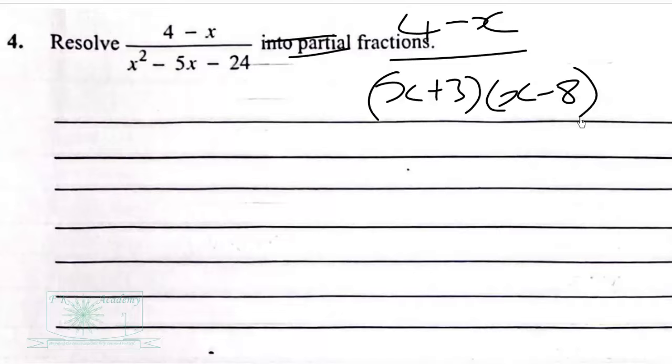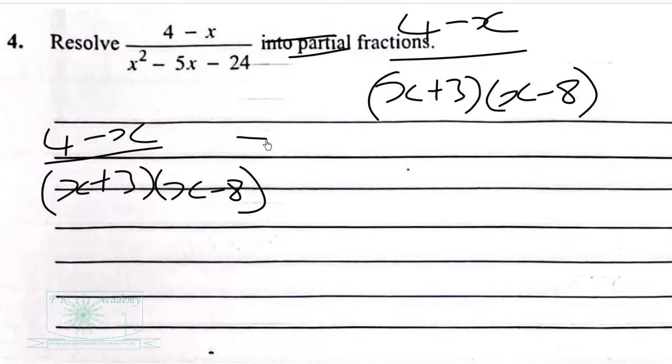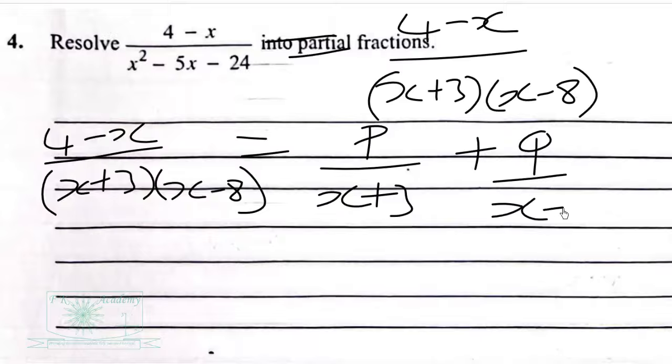So we can set up the partial fraction resolution. 4 minus x over x plus 3, x minus 8 will be equal to p over x plus 3 plus q over x minus 8.